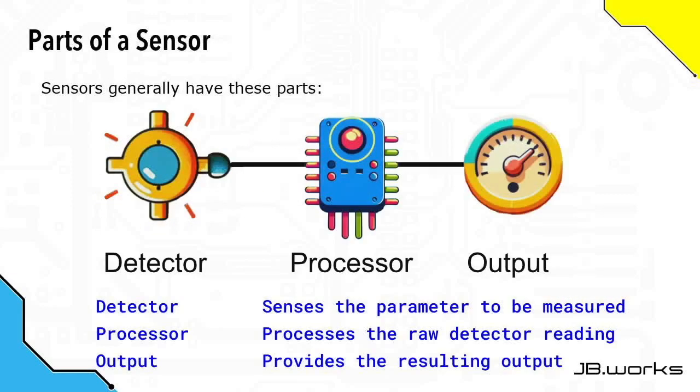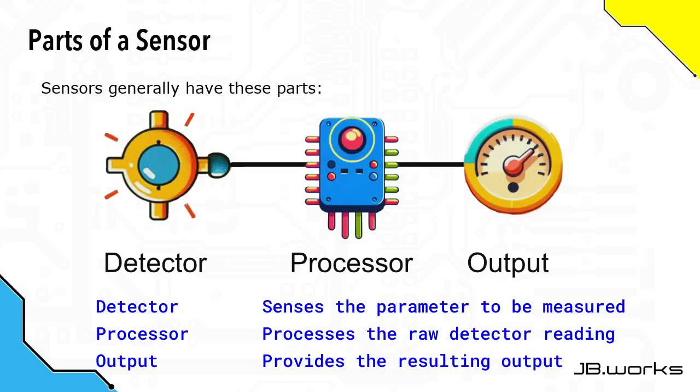All sensors have essentially three parts. The first part is the detector, and this is what measures the parameter that we're looking at, or measures the property, so whether it's temperature, pressure, humidity, doesn't matter. The next one is a processor of some sort that will take the raw value from the detector and convert it into a more useful form that can then be used by something else.